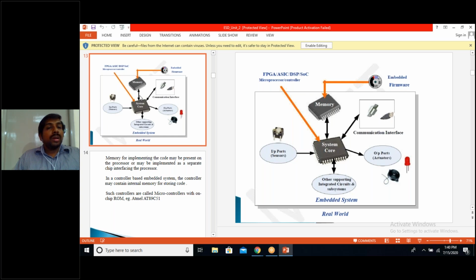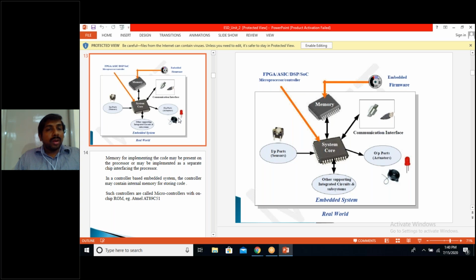For that, it is connected bidirectionally. So the contents of memory will be fetched, and this memory is holding the embedded firmware or software. This embedded firmware software tells how an embedded system must operate. These memory contents are bidirectional between system core and memory, and the output is connected to output ports or actuators.